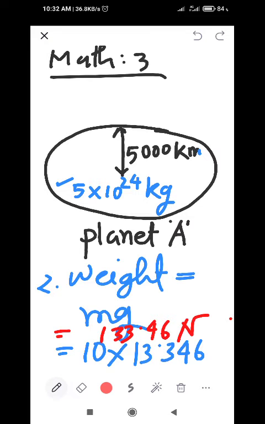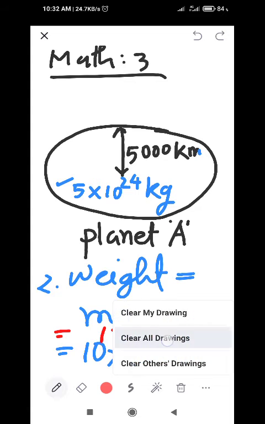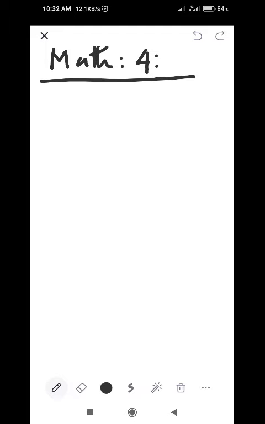Anybody want to write this? Okay. Now math 4. This is the mass of the object, right?